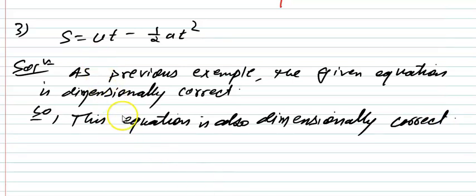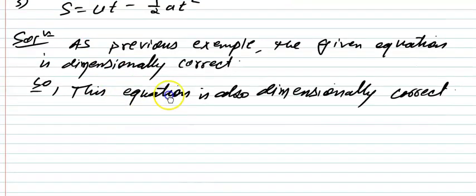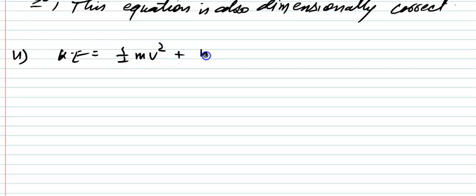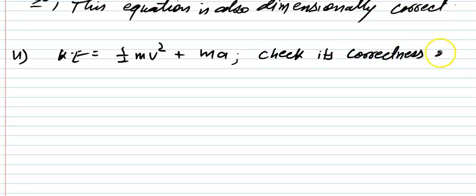Now you can check one more example, and after that we will proceed to our next topic, next usage. If the kinetic energy is equal to half mv squared plus mass into acceleration, check the correctness of the equation.